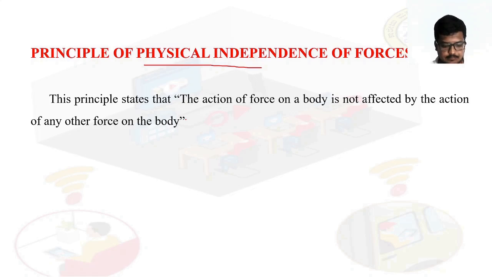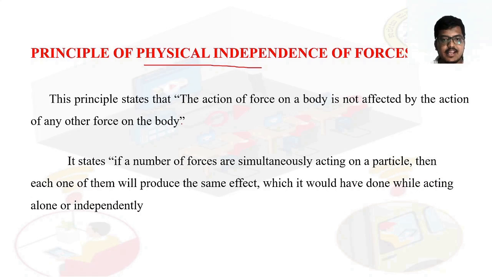It states that if a number of forces are simultaneously acting on a particle, so let me take force A, force B, force C, like n number of forces acting on a particle, then each one of them will produce the same effect. A will produce its same effect, B will produce its same effect, C will produce its same effect, which it would have done while acting alone or independently.